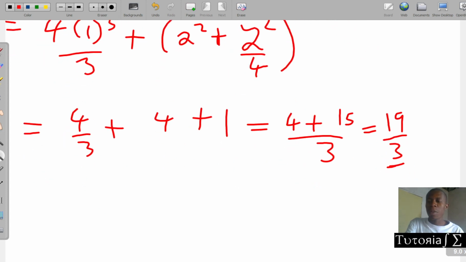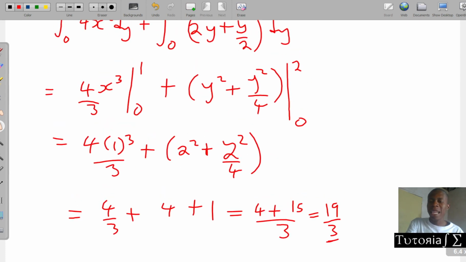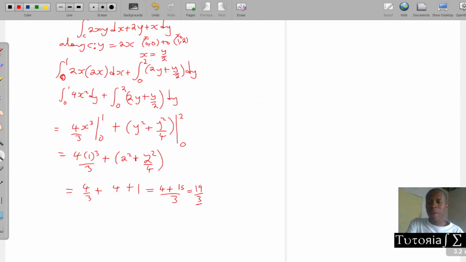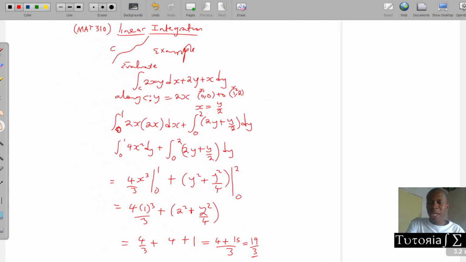So basically this is how you compute line integral questions. But there will be three categories of questions. The first category is where we have dx and dy.